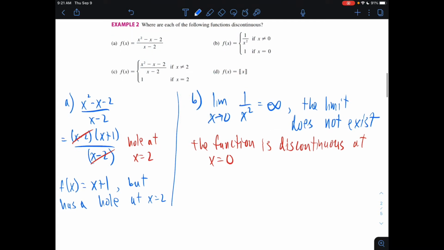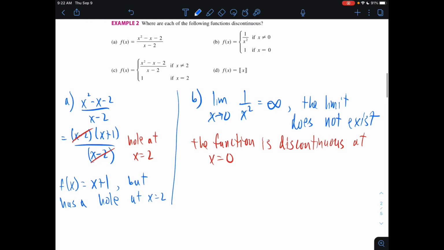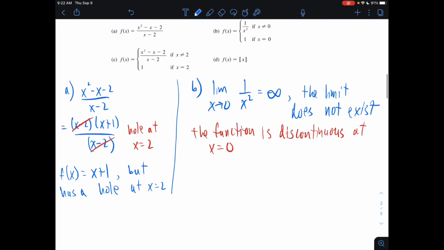So now part C mixes in something that we saw from part A. So part C is just the function x squared minus x minus 2 divided by x minus 2 when x is not equal to 2. And then it's 1 when x is equal to 2.